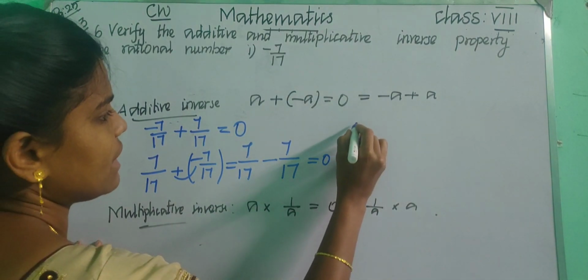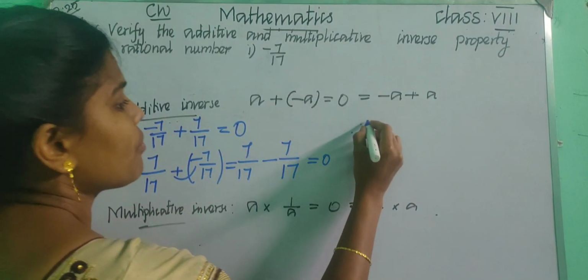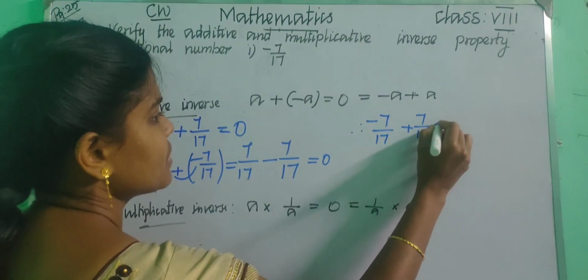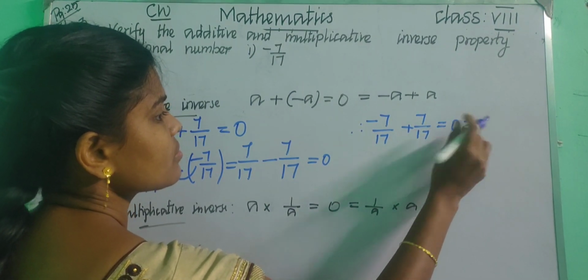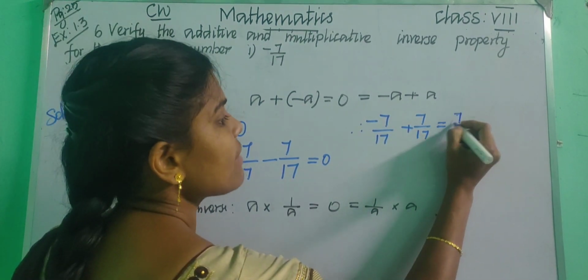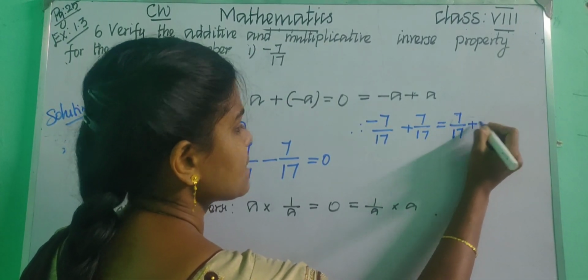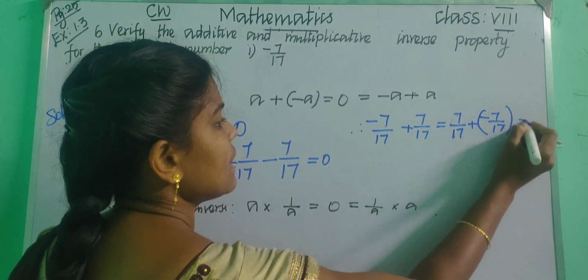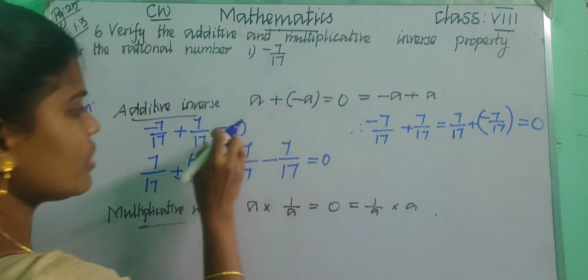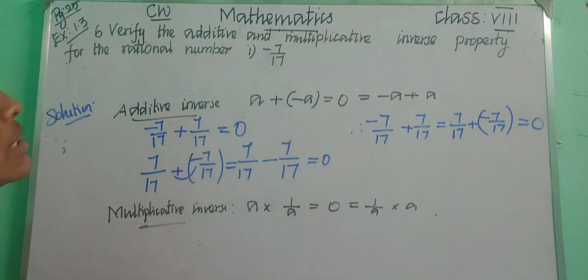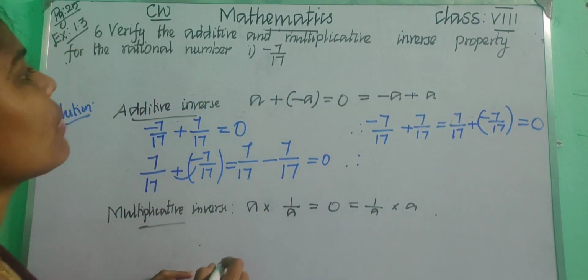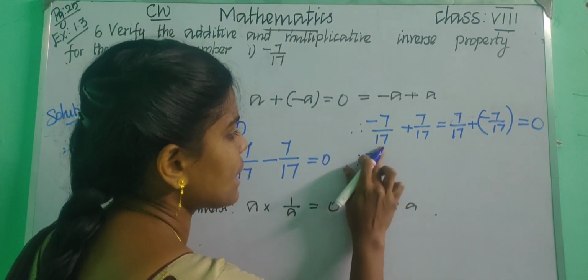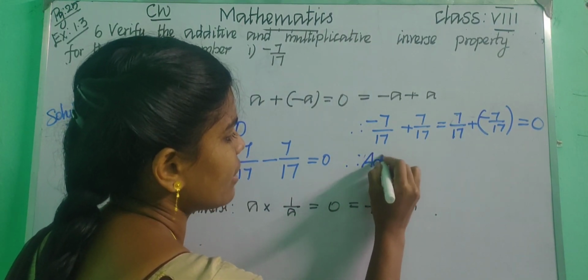Okay children, so that we can write, therefore minus 7 upon 17 plus 7 upon 17 equal to 0, equal to 7 upon 17 plus minus 7 upon 17 equal to 0. So we got 0 for both the sides, right? Therefore additive inverse property is verified, okay?